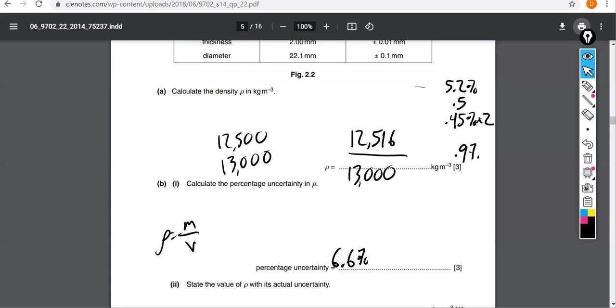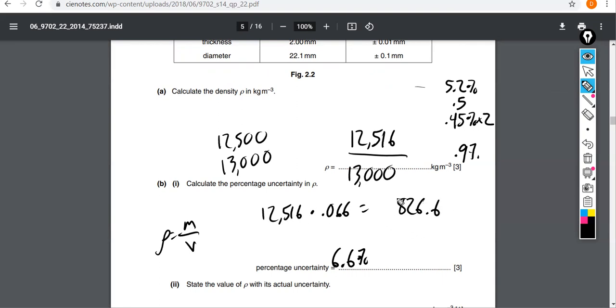If I go back to my calculator value of 12,516 and I multiply it by 6.6%, then I realize that the absolute uncertainty in my calculator, at least, is 826. Okay.